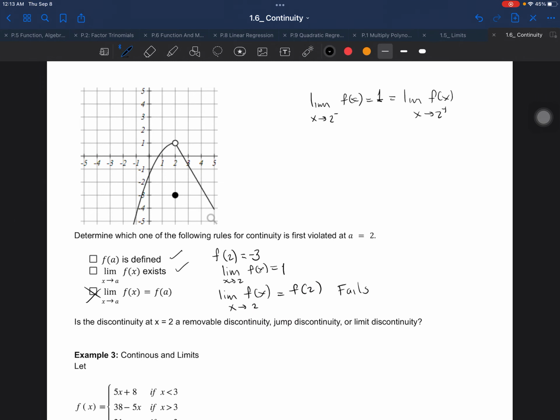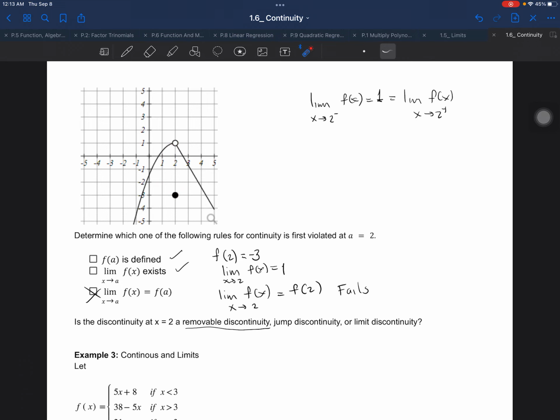To determine the answer for the next part, it says, is the discontinuity at x equals 2 a removable discontinuity, a jump discontinuity, or a limit discontinuity? Well, this is going to be a removable discontinuity, because if we have the power to remove just one point, we would move this point so that it fits right there.